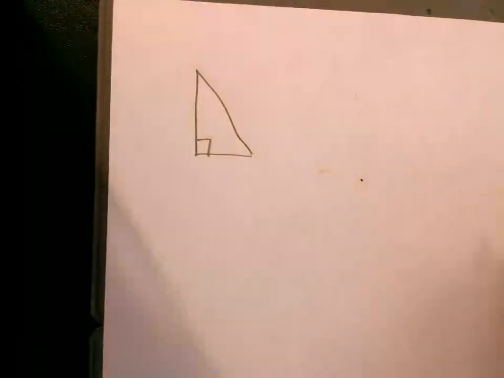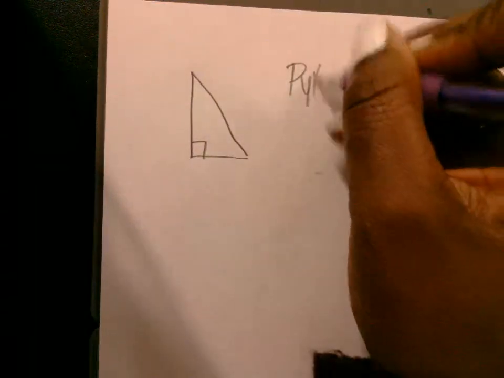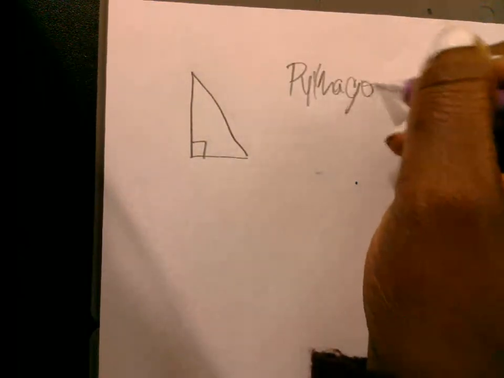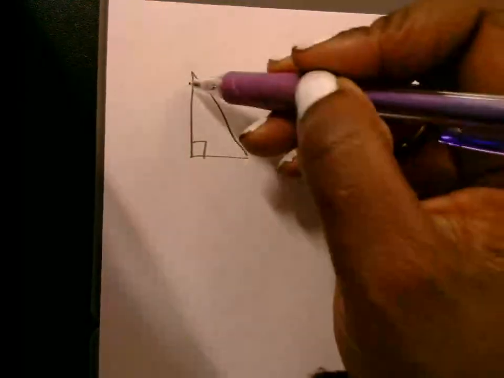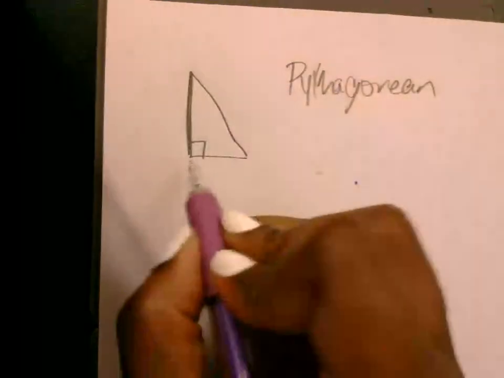All right. So look, when you do the Pythagorean theorem, first and foremost, it only works with right triangles. Everybody knows a right triangle has one right angle. The two sides that form the right angle are called legs.